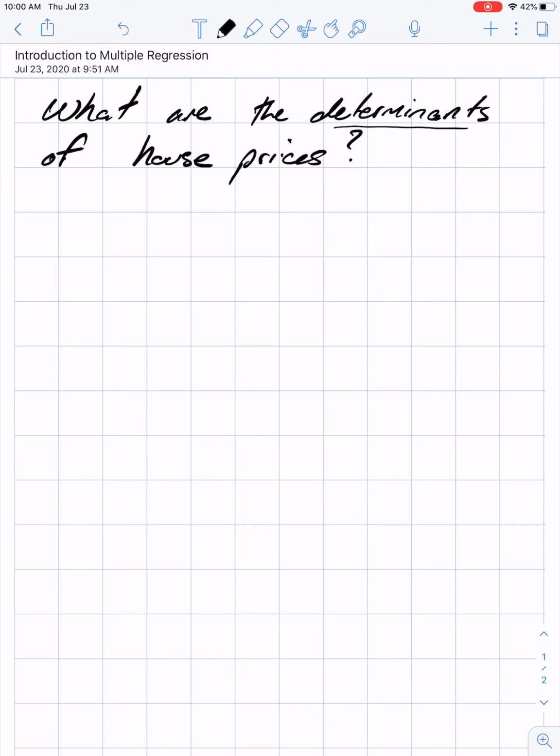But here I'm not picking out a specific thing. I'm saying, hey, I just want to know what all of the things are that affect house prices. So what I would do is start listing them out, what I think would be good to put in as independent variables. We know our dependent variable, right? That's going to be house prices. But now we might have many independent variables. So one obviously would be house size.